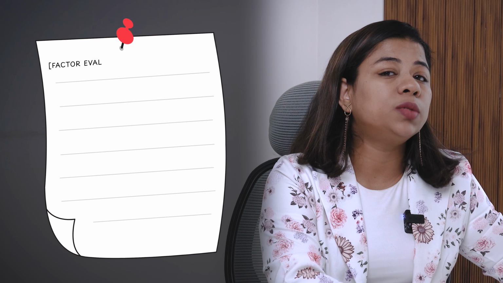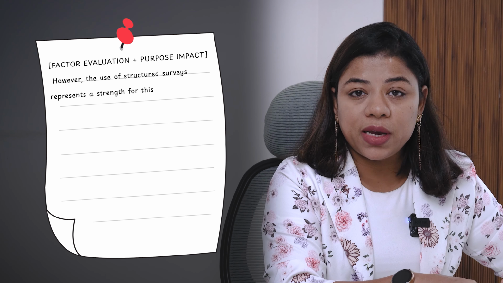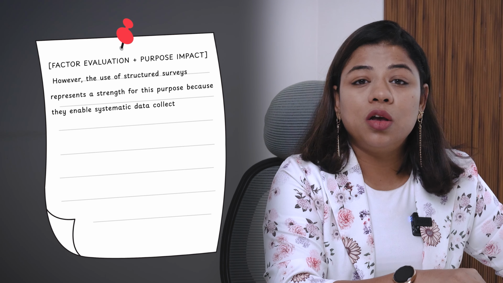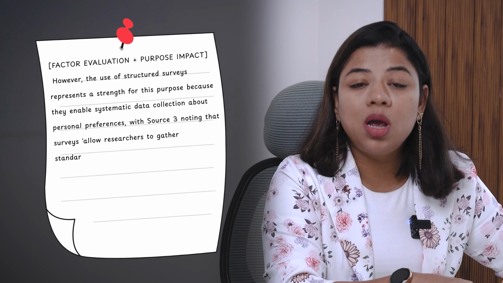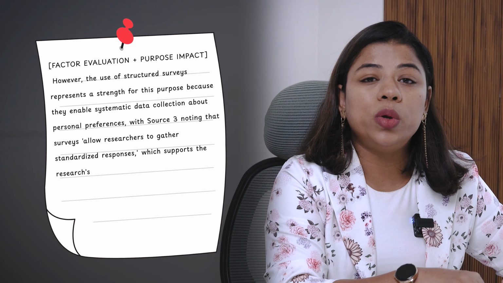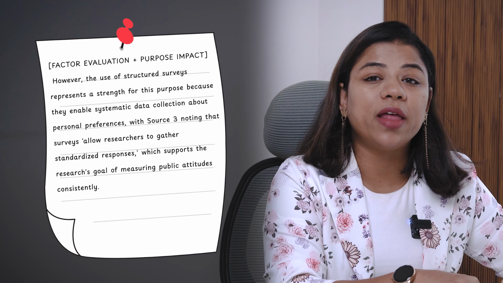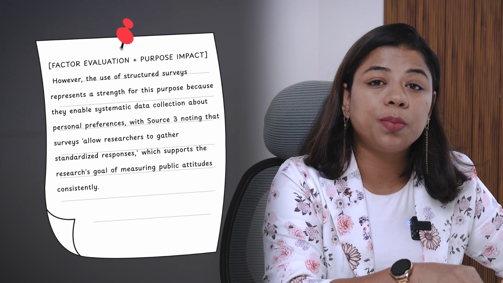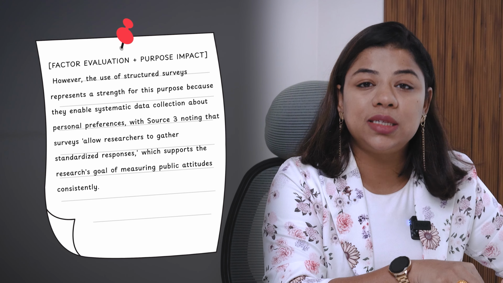Factor evaluation plus purpose impact, the next part looks like this. However, the use of structured surveys represents a strength for this purpose because they enable systematic data collection about personal preferences, with source 3 noting that surveys allow researchers to gather standardized responses, which supports the researcher's goal of measuring public attitudes consistently.